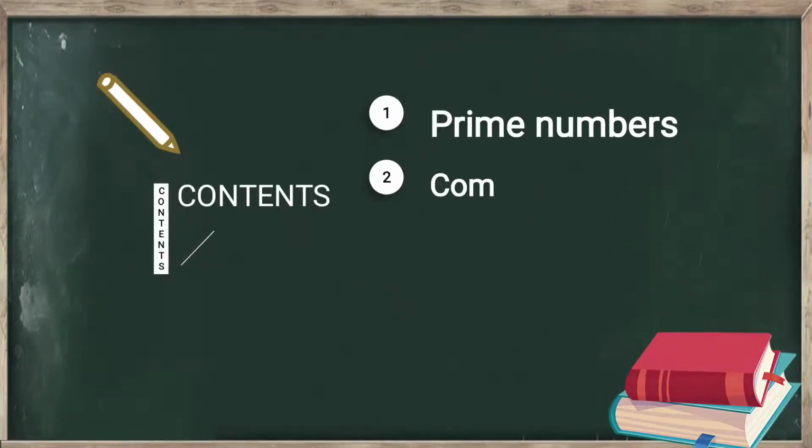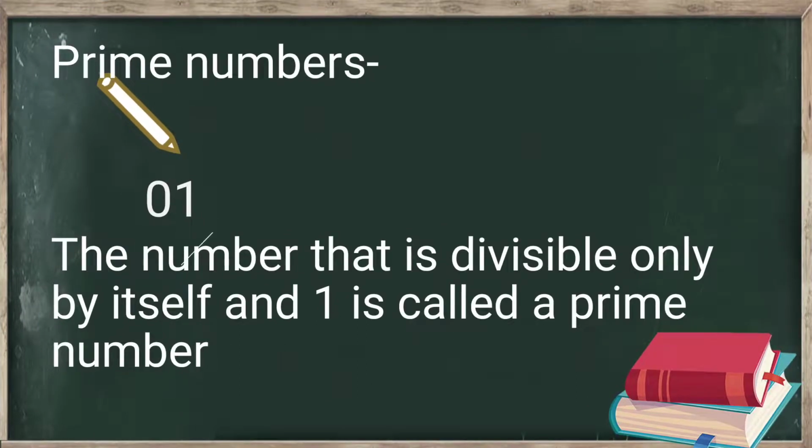The contents today we are going to discuss are prime numbers and composite numbers. Listen very carefully about what prime numbers and composite numbers are. Prime numbers. When the name prime numbers comes, many of us don't know what prime numbers are.